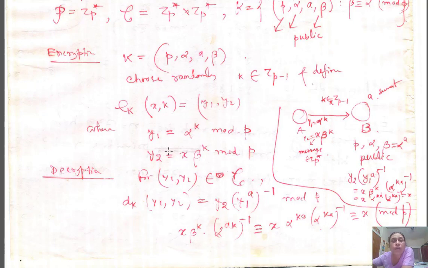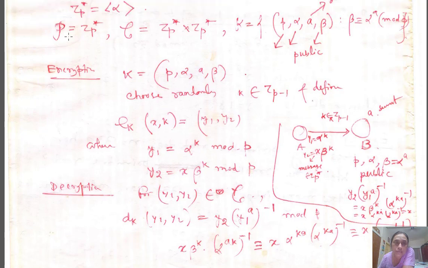So you can go for an exhaustive search over the plaintext space. In the ElGamal encryption scheme, that exhaustive search attack is more difficult for an opponent to perform. Why? Because the adversary not only has to try out x over the whole plaintext space, which is very large, he also has to try out k.